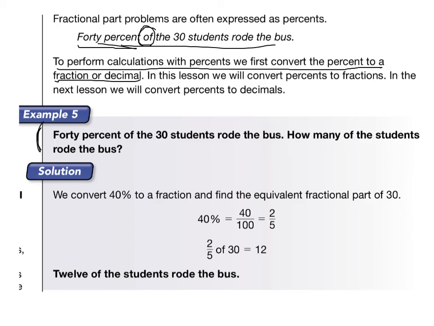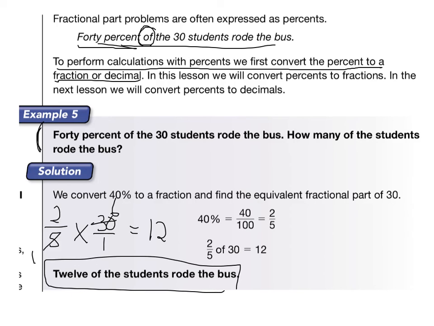The 2/5 of 30 means to multiply, so then I would take 2/5 and I would multiply times 30. And in order to do that, you put 30 over 1, you can cross reduce, and you get 12. So 12 of the students rode the bus. Remember, on percent problems, you're not really dividing, you're going to multiply.